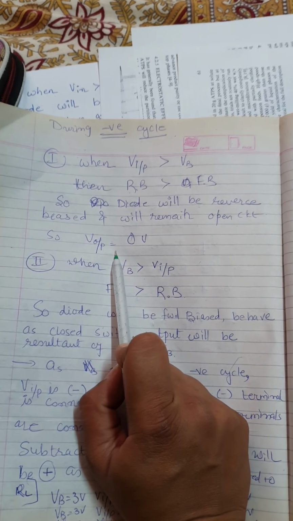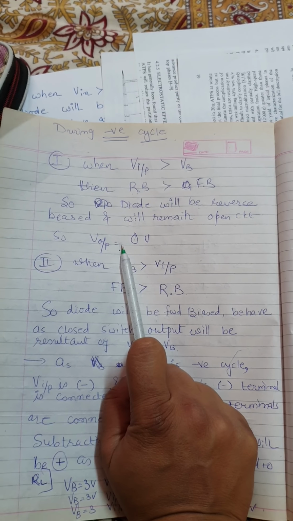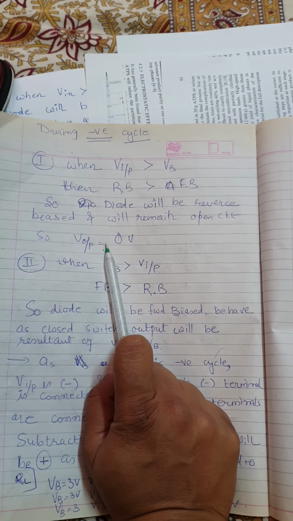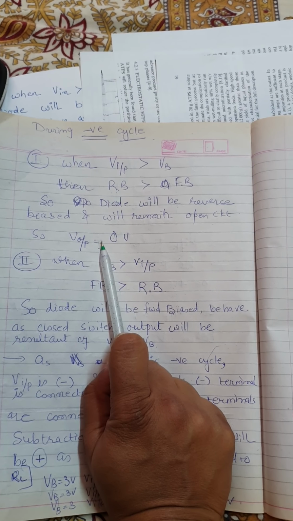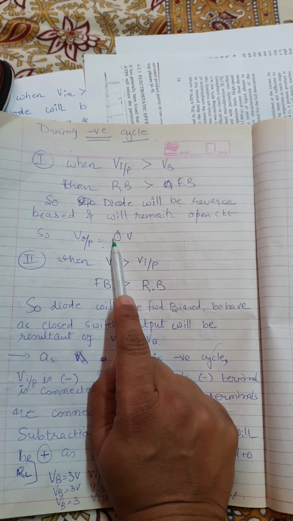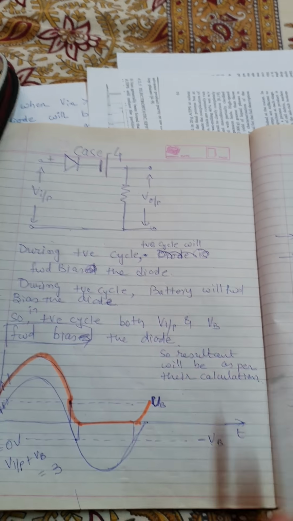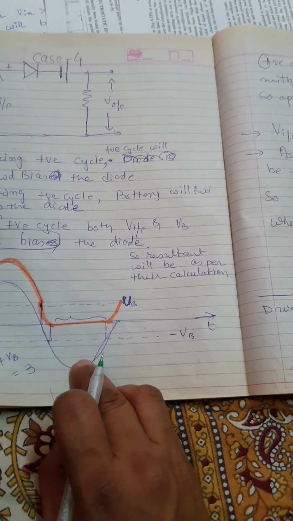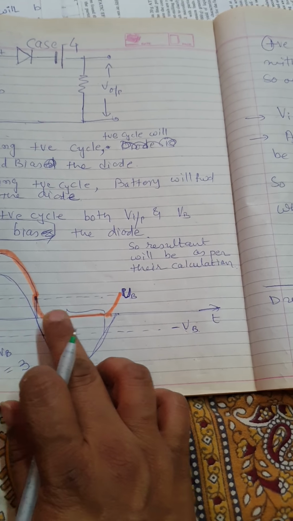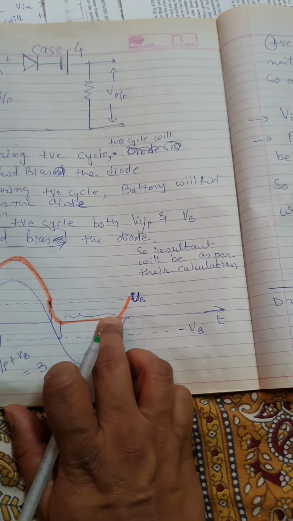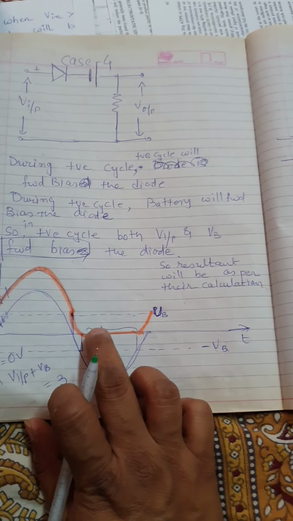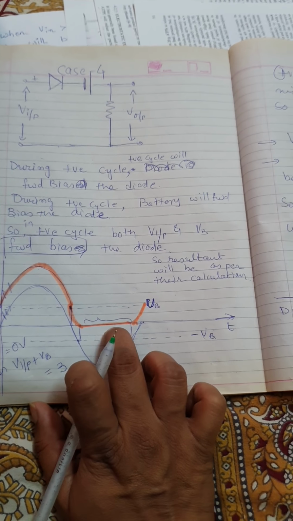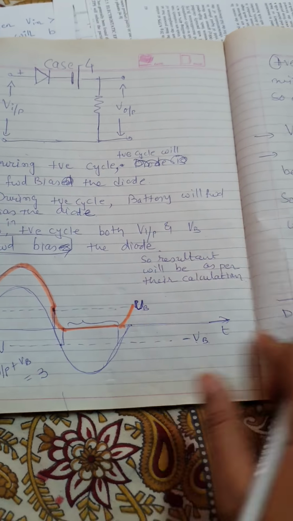We are very well aware that in a series biased clipper, whenever the diode becomes reverse biased and behaves as an open circuit, there is no output voltage obtained. You can see in the waveform, for the region when V input is greater than VB, the diode will be reverse biased and we will get 0 volt in the output. This is case 1 of the negative cycle.